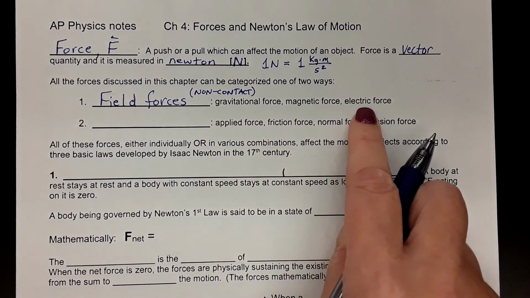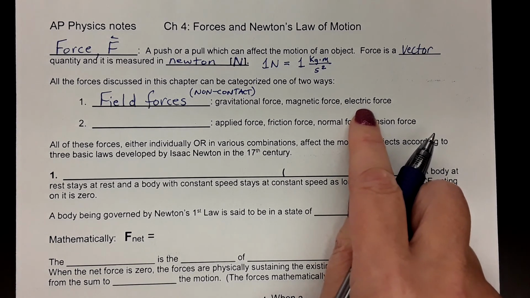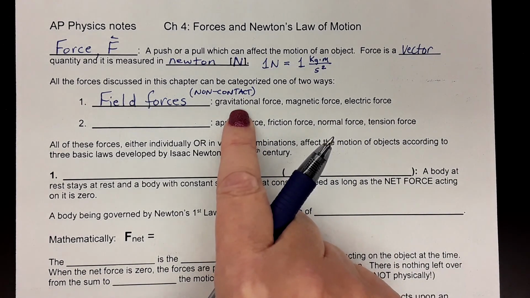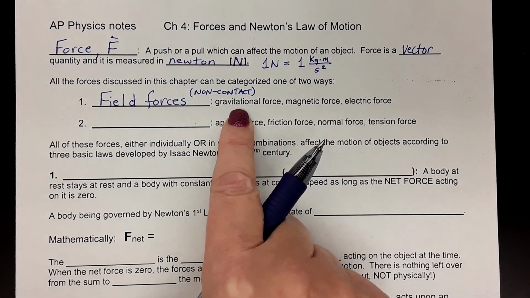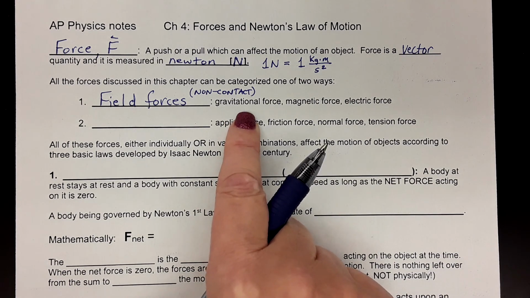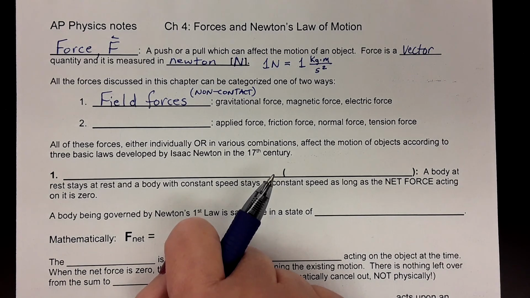These forces do not have to have the objects physically in contact in order for the force to exist, which is kind of lucky for us, because if gravity was a contact force, that would mean the sun would have to touch the earth to exert its gravitational force, and then the earth, well, we'd be vaporized. So, good thing that it is a non-contact force.